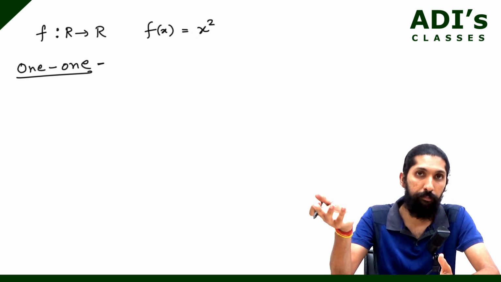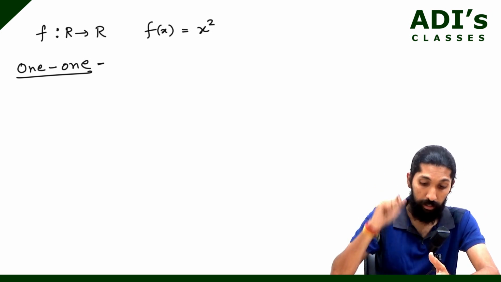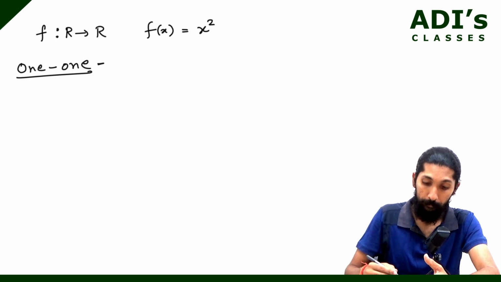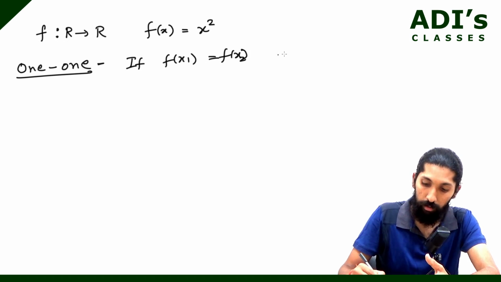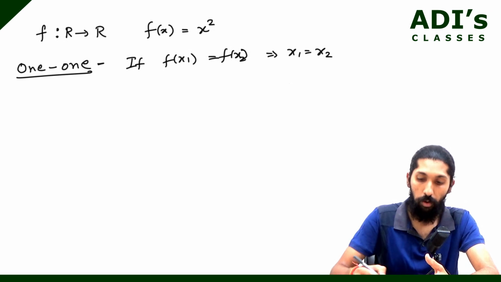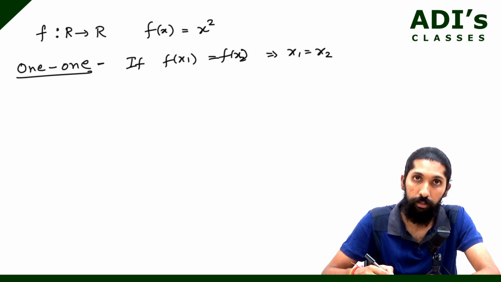You can't write that pictorial form every time. So what we do is, for one-to-one, if f of x1 is equal to f of x2, then x1 is equal to x2. Then we say that yes, we do have the injective part.